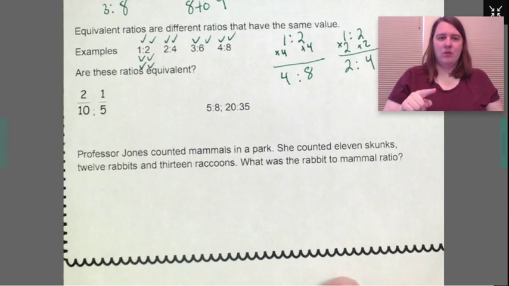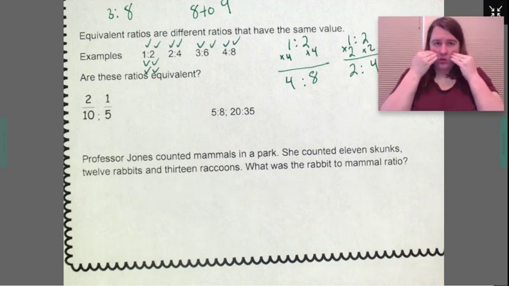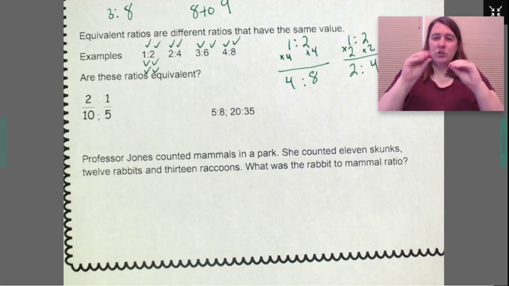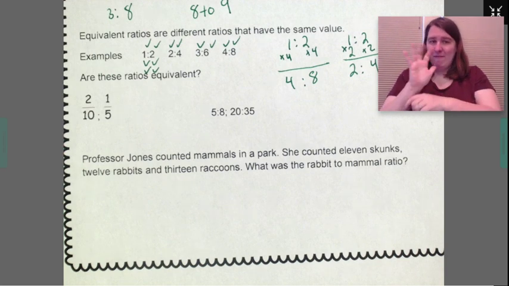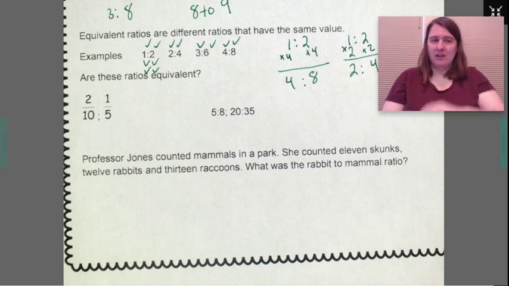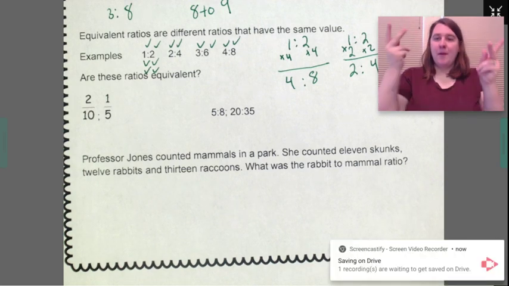All right, now 2 over 10 and 1 over 5, we need to know, are those equivalent? What can I try to make 5 and 1 the same as 10 and 2? Multiply by 2.